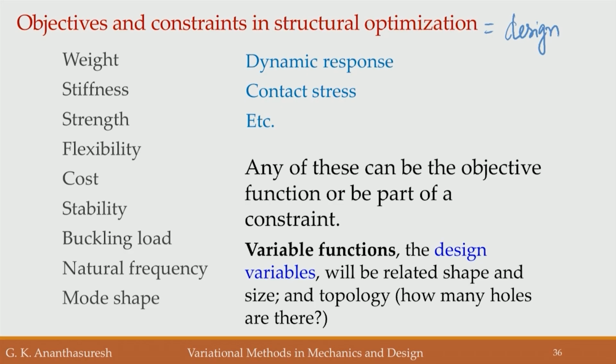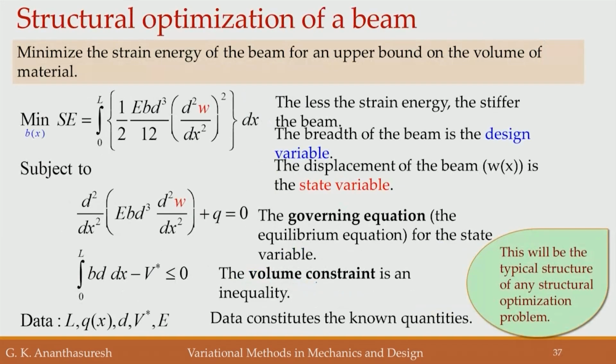You definitely want to maximize strength. Sometimes you want to have flexibility to some extent, and you definitely want your structures to be stable. For dynamic considerations, natural frequency and mode shape will be there. You have to define your variables, the variables which define the geometry of your structure. All of these can also be posed as calculus of variations problems. We will look at a few examples now.